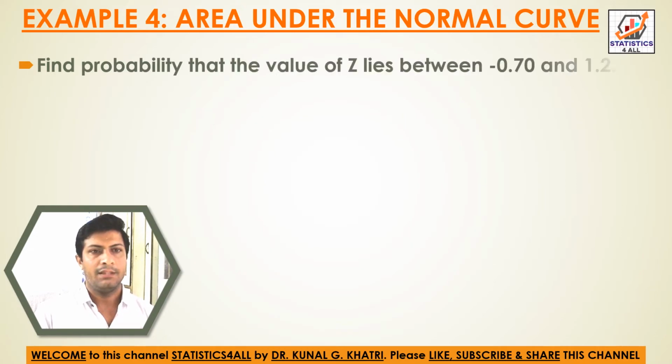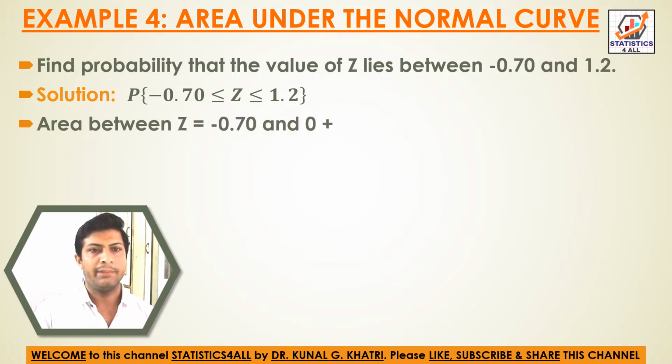Next example, find the probability that the value of z lies between minus 0.70 and 1.2. So here we can write P(-0.70 ≤ z ≤ 1.2). So here the area between z equal to minus 0.70 and 0, plus the area between z equal to 0 and 1.2.